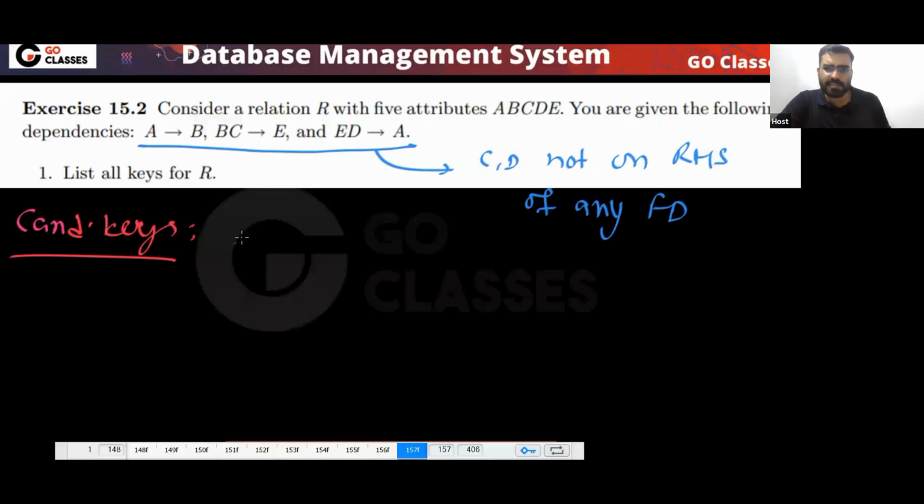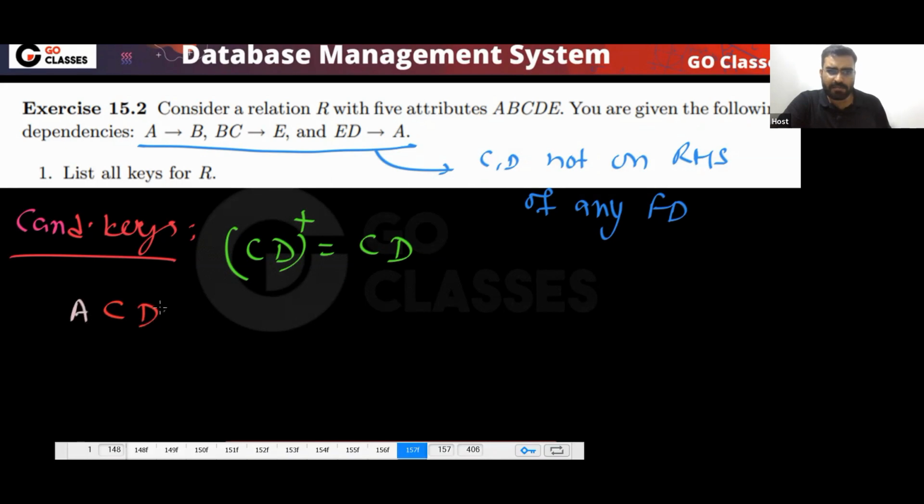So here I can say that C, D must be part of every candidate key. So let's see what C, D can do. C, D can only determine C, D, nothing else. Yes or no? So now let's check. C, D must be part of every candidate key.